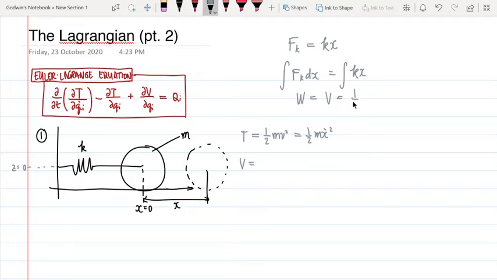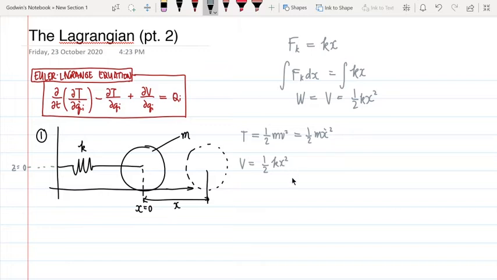This is just 1/2 kx squared. And this is also explained further in the book. So I'm sure you're familiar already with this formula if you've gone through, where was this featured again? I think chapter 2 or 3. But anyway, the one with the springs. Yeah, we've already come up with this equation before.